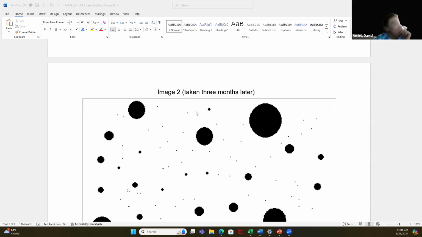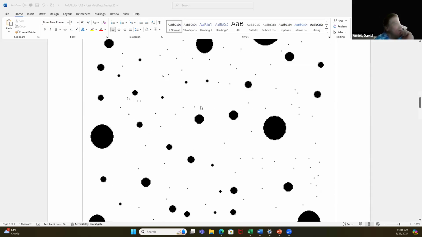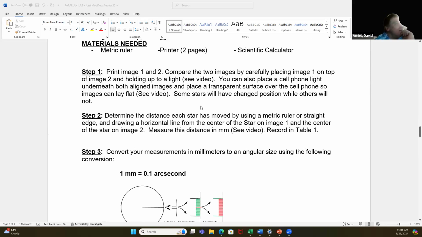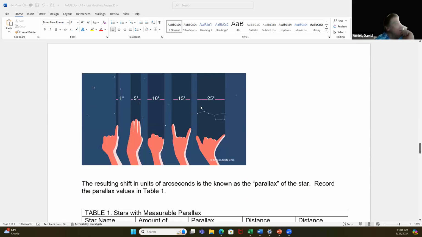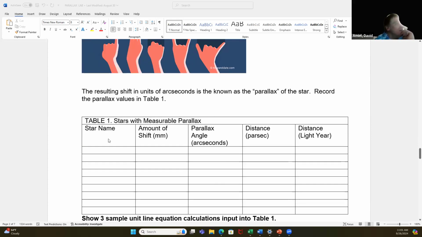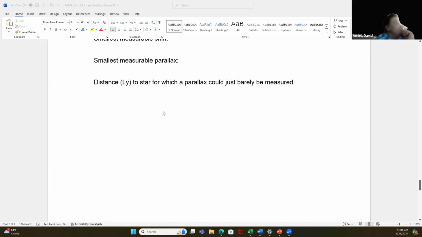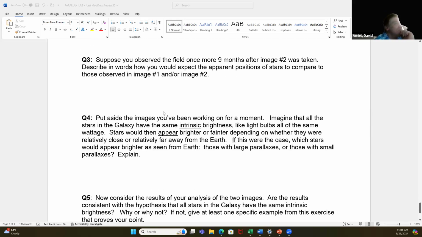You need to print these two pages out, image one and image two, and while you're at it, image three. This is the key table in the lab that you need to be able to fill out. So print that out. This one may as well. This has all the steps.